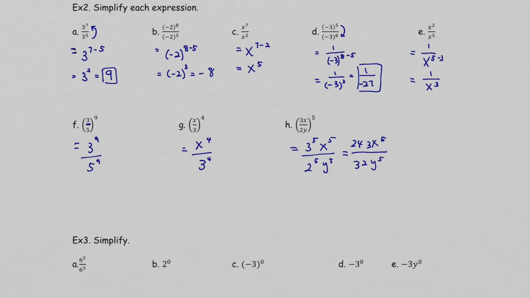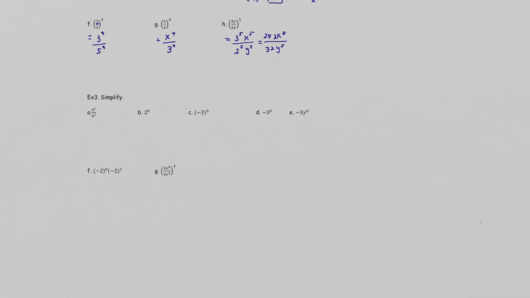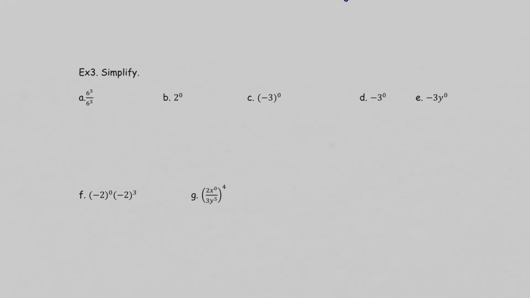The next example, we want to talk about having a 0 exponent, right? Remember, just follow the order. So right now I see fractions with the same base, so I want to combine them.